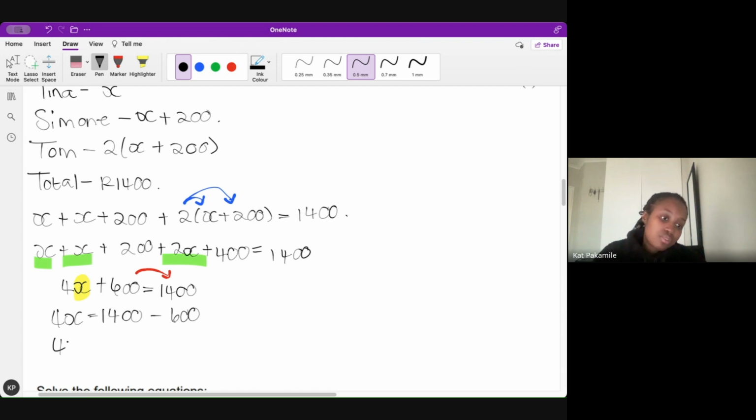And what is 1,400 minus 600? That is 800. Then we have to get rid of my 4. So I'm going to divide both sides by 4. These x's on my left-hand side will divide into one another. Therefore, my x is, what is 800 divided by 4?